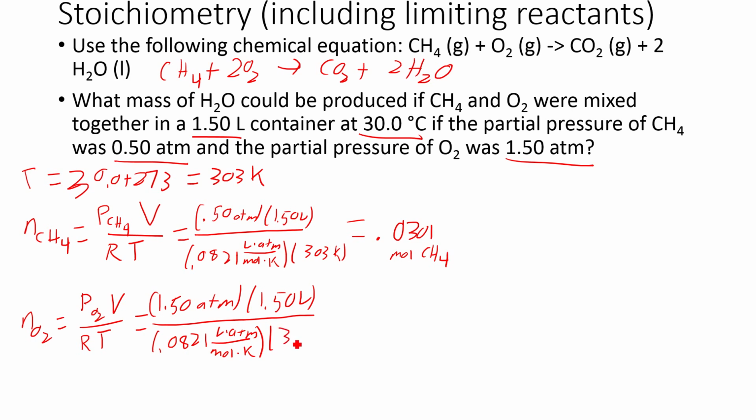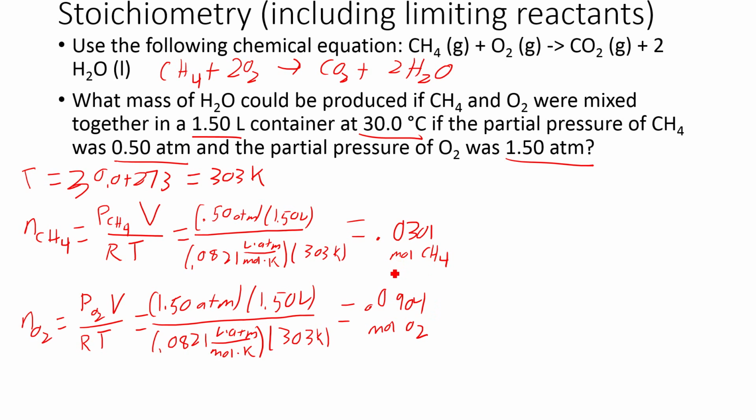We have a temperature, it's still 303 Kelvin. So we are going to have 1.5 times 1.5 divided by 0.0821 divided by 303. So we have 0.0904 moles of oxygen. The issue now is we've got to figure out which is our limiting reagent.